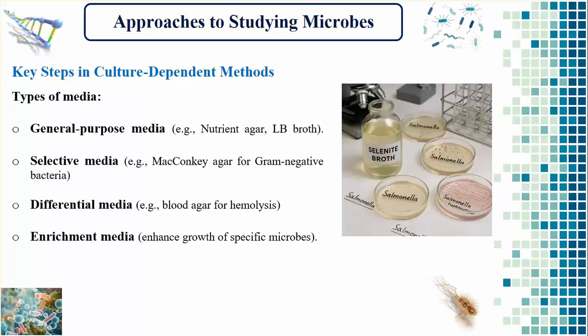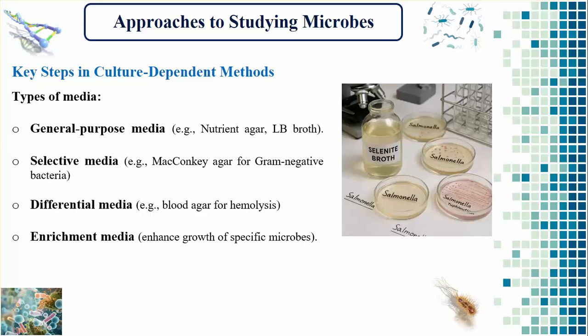Unlike selective media, which directly inhibit unwanted microbes on solid agar, enrichment media usually work in liquid form, giving the target microbes a competitive growth advantage without necessarily killing others. This approach is particularly useful when the target microbe is rare or slow growing. For example, selenite F broth is commonly used for enrichment of Salmonella species from fecal samples.